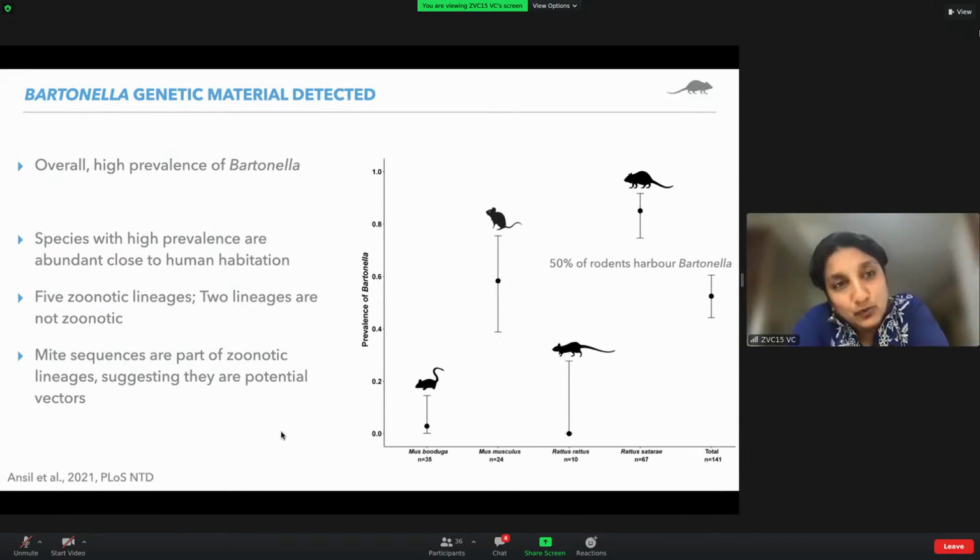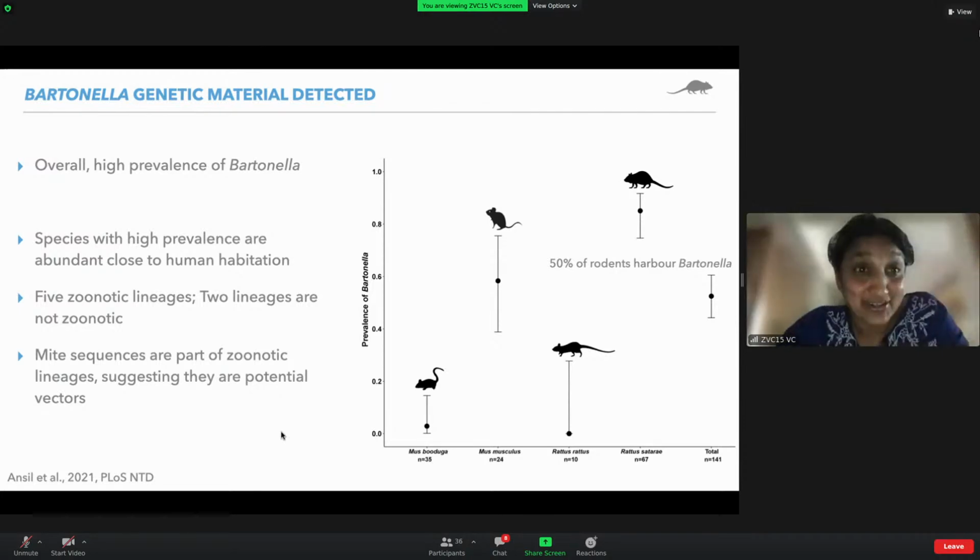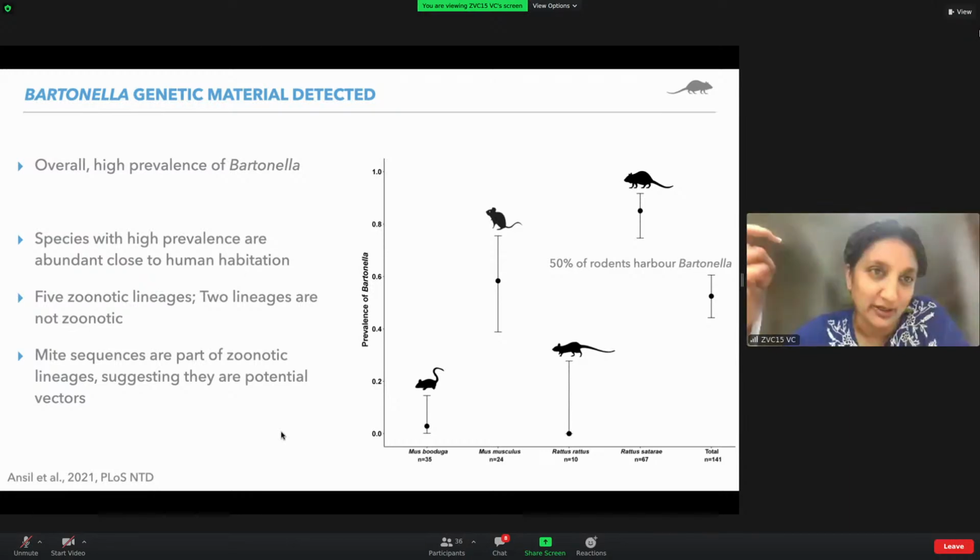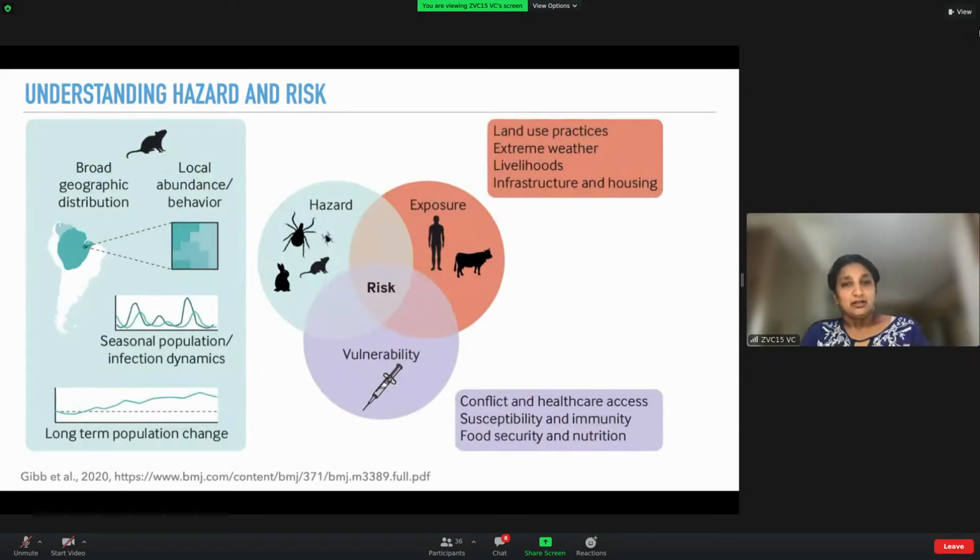And we also looked at vectors, and we found that some of these vectors, basically mites, which are arthropods in the spider family, are very difficult to identify, but you just crush them and you can extract DNA and get Bartonella DNA from them. They were also potentially the vectors for this particular bug. So all that is fine.